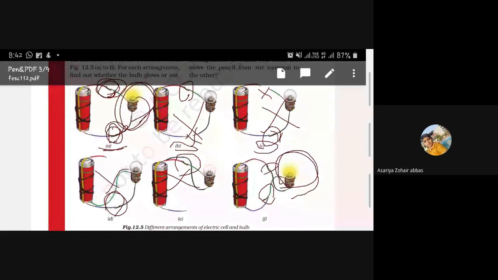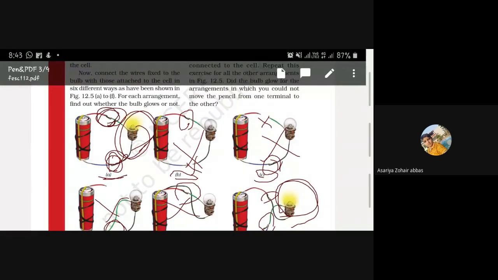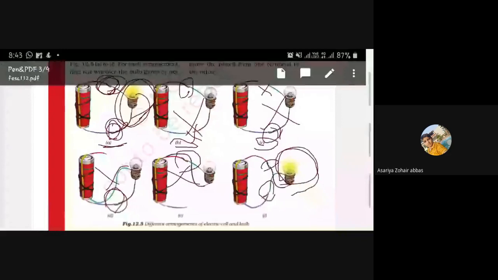The top is the positive terminal and the base is the negative terminal. In figure B, the negative terminal is not connected, and in figure C, the positive terminal is not connected. In figure D, both terminals of the bulb are connected to the negative terminal of the cell, and in figure E, both terminals of the bulb are connected with the positive terminal of the cell. So it is not properly arranged.